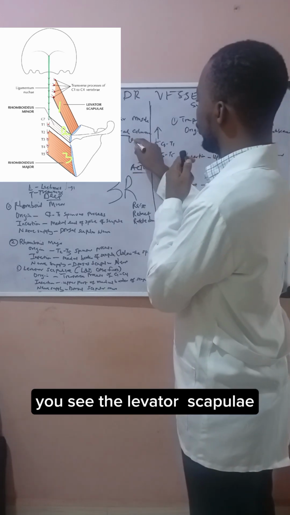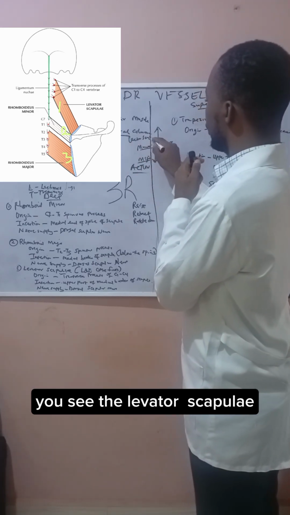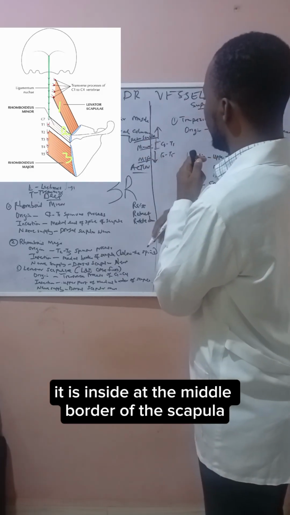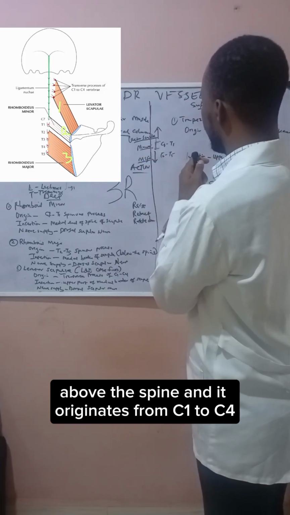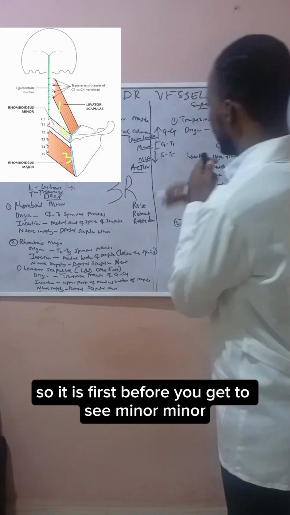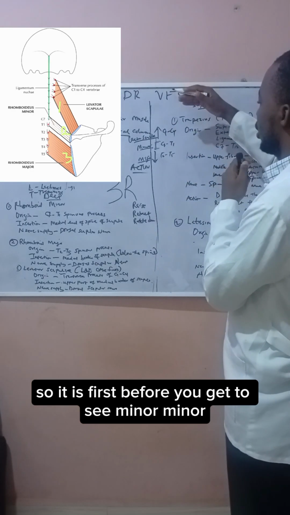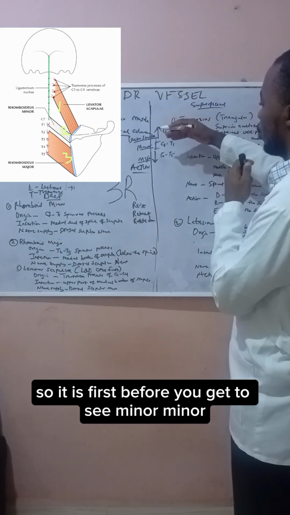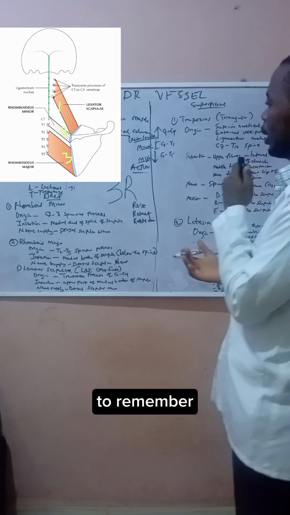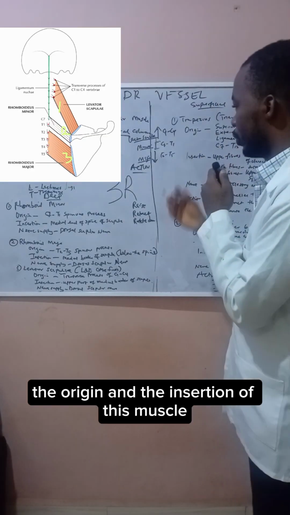So love comes first. It is inserted at the medial border of the scapula above the spine, and it originates from C1 to C4, so it comes before the minor. Minor comes before major. This can help you remember the origin and insertion of these muscles.